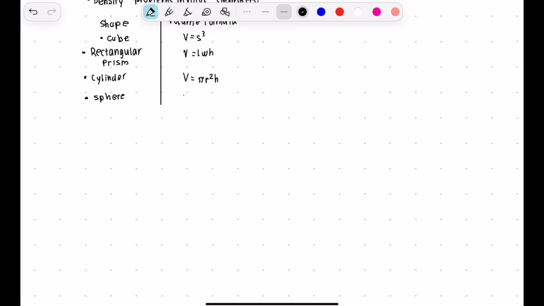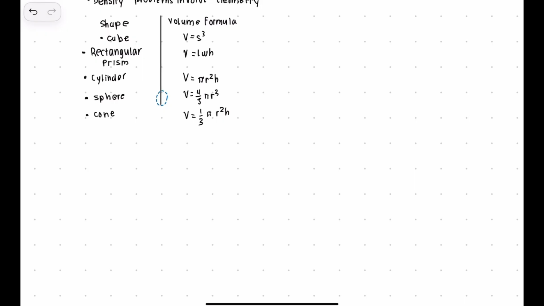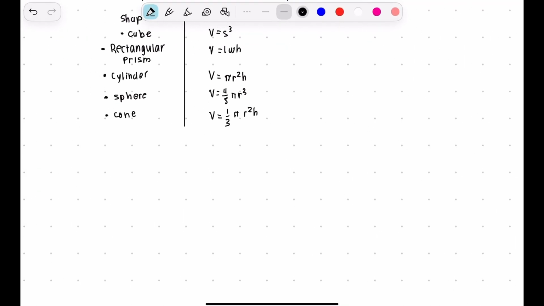A sphere would be the volume is 4/3 pi r cubed. And finally, a cone is volume is 1/3 pi r squared times height.